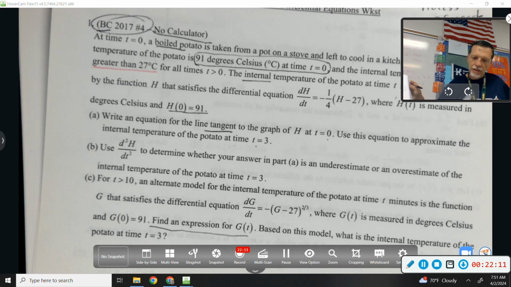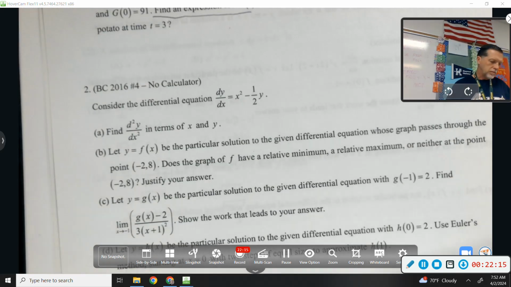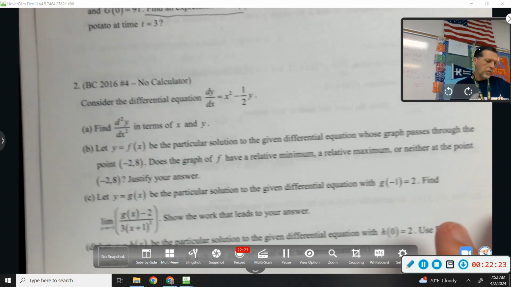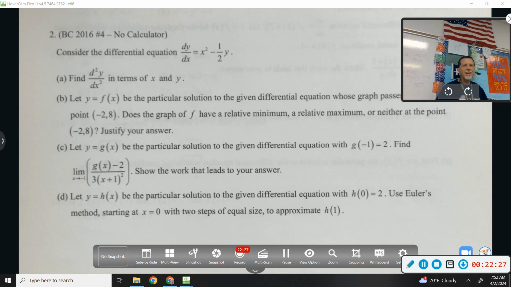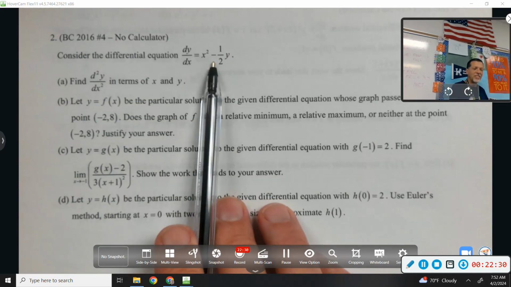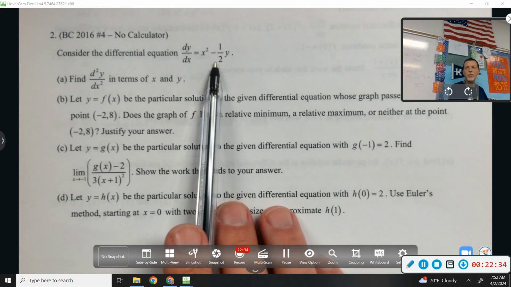Okay, what else did we say we were going to do today? Number 2 from that same worksheet. So this was in 2016. Consider that differential equation. First thing I notice about that differential equation is that it's not separable. So this is not going to be a separate and integrate problem because I cannot get those apart.